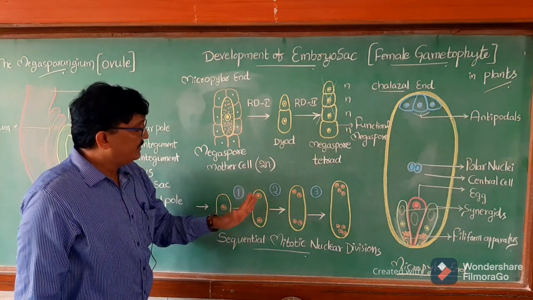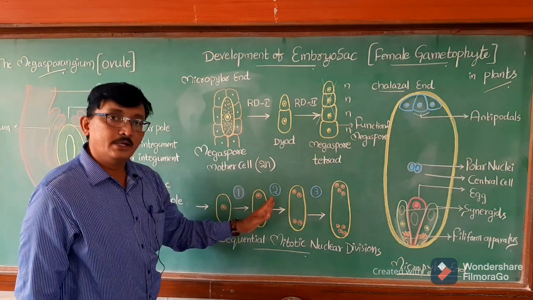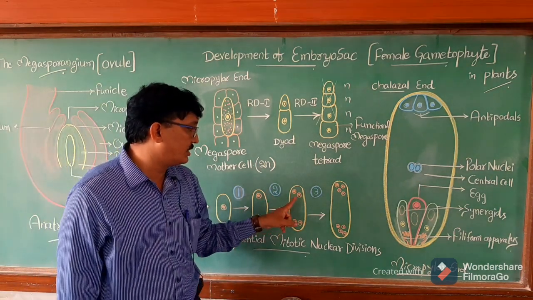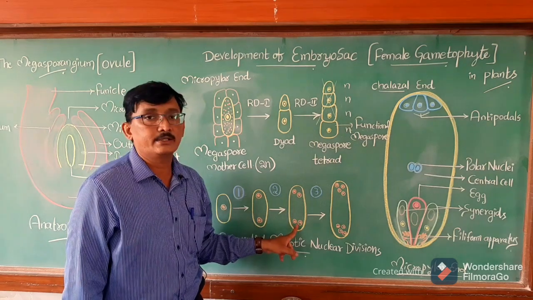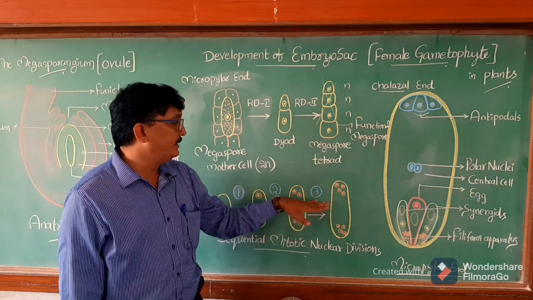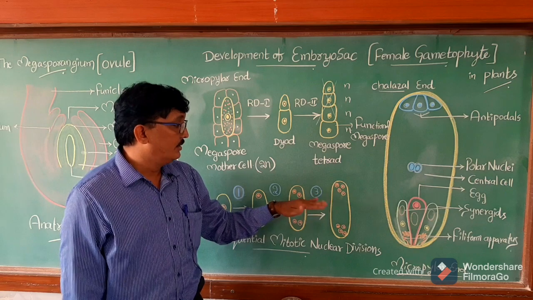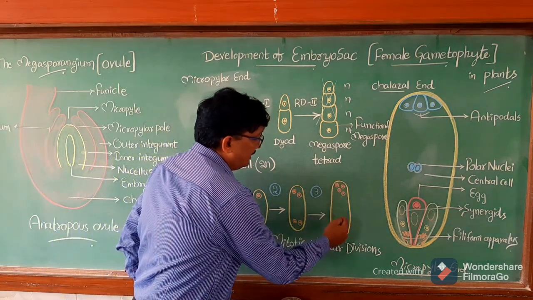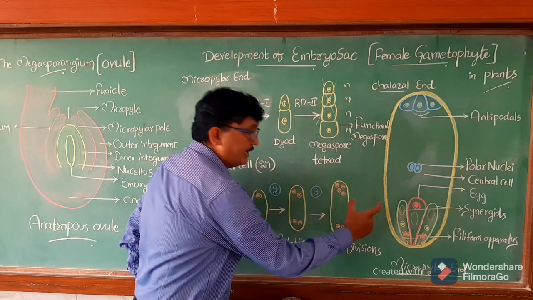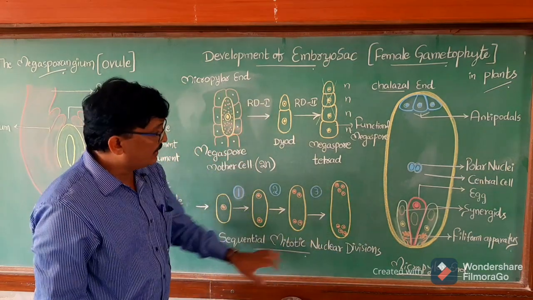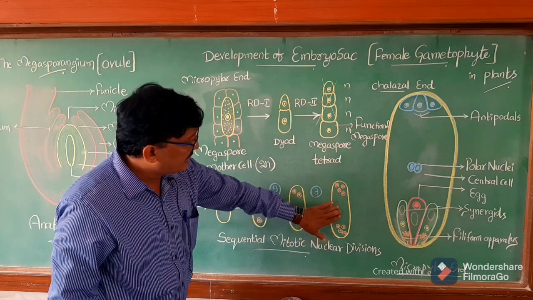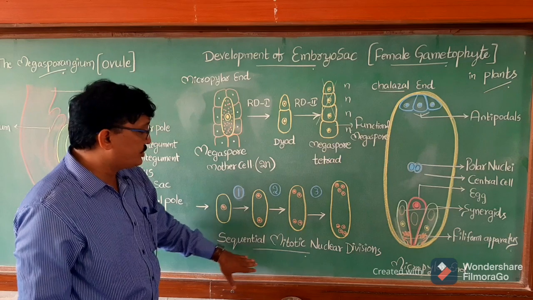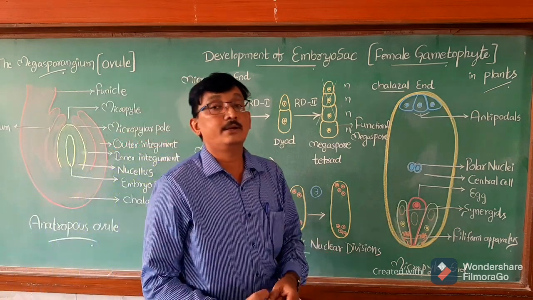The mitotic divisions continue: the second mitotic division results in 2 nuclei at each pole, and finally the third mitotic division leads to 4 nuclei at one pole and 4 nuclei at the opposite pole. So, totally in this cell we can see 8 nuclei, because of sequential mitotic nuclear divisions.